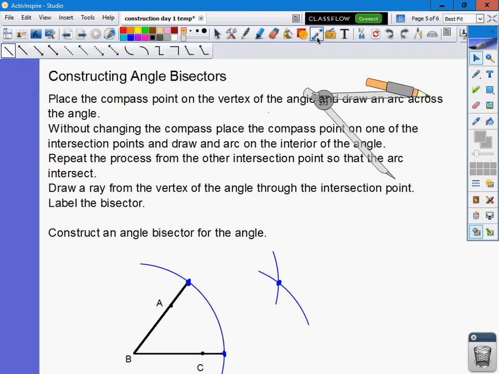Then you're going to take your straight edge. You're going to connect your vertex to that point of intersection of those 2 arcs.